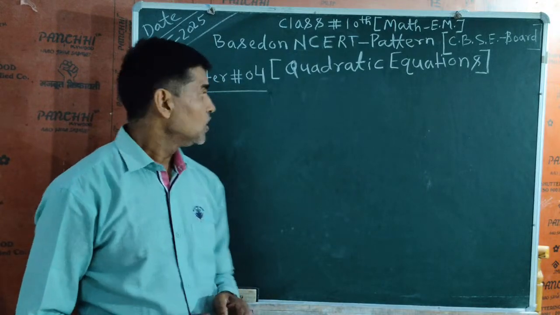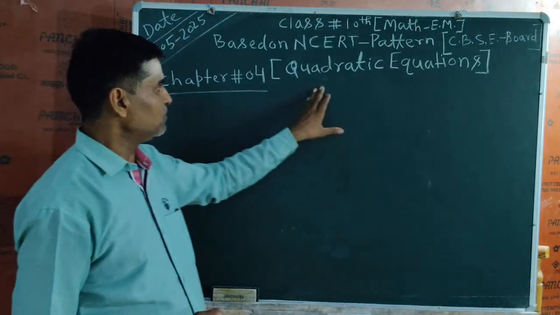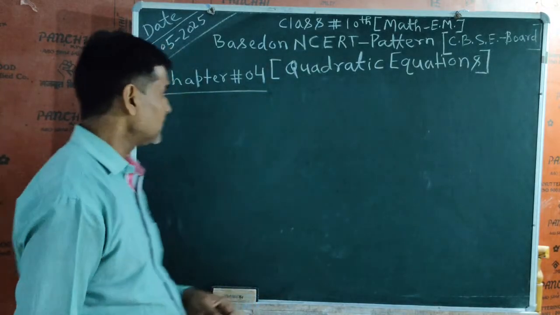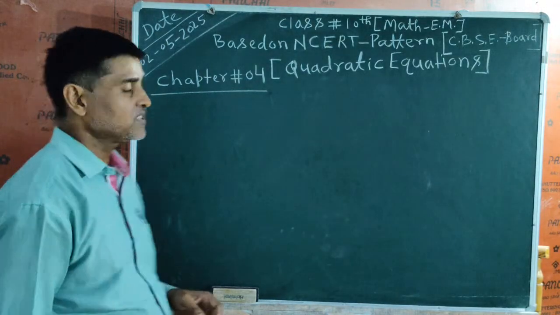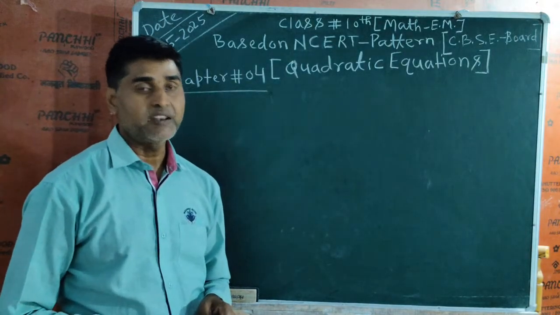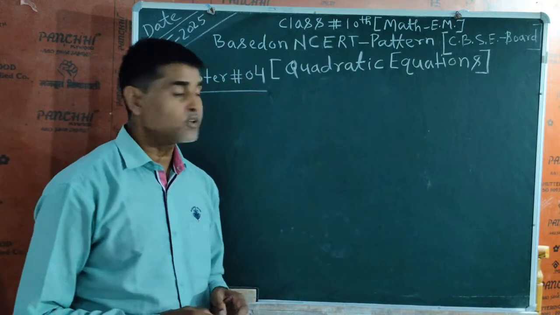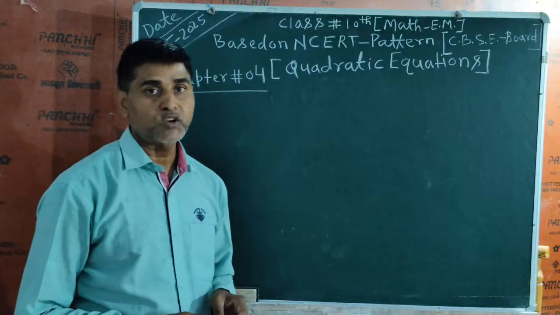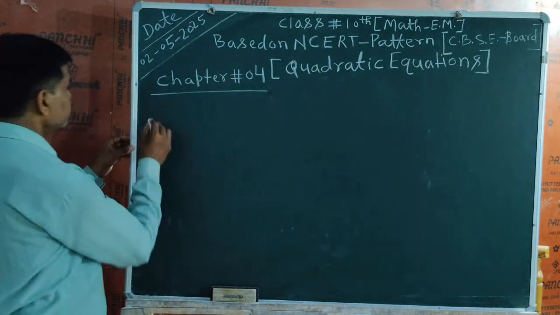Okay student, so this is chapter number 4, whose name is quadratic equation. So in this case, I will write a quadratic equation in general form, and then I will use the concept of solution of a quadratic equation by factorization method. So here I will explain topic number 2.